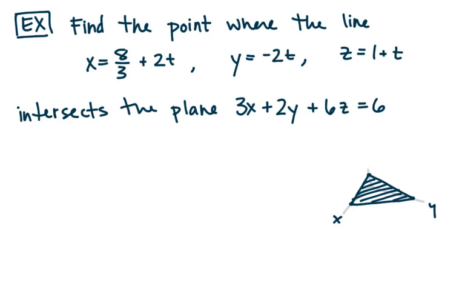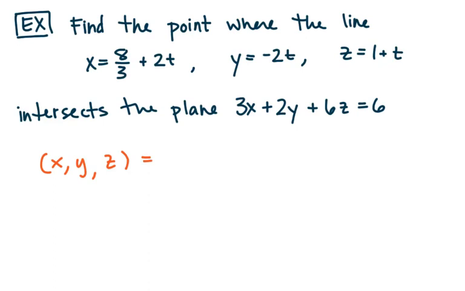So we know if we have an ordered pair, X, Y, Z, we can write that now as 8/3 plus 2t, comma, negative 2t, comma, 1 plus t.